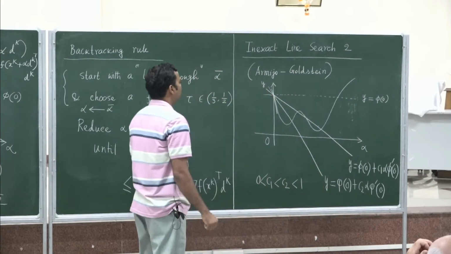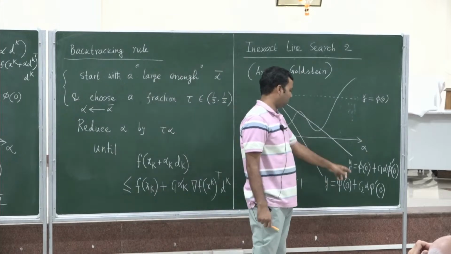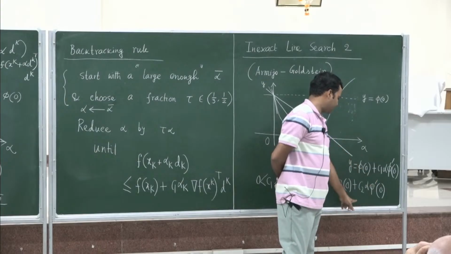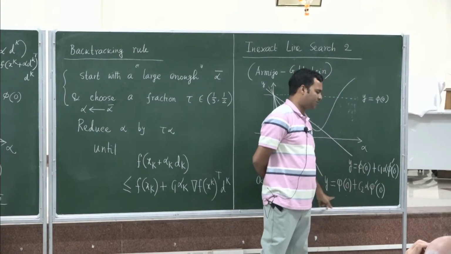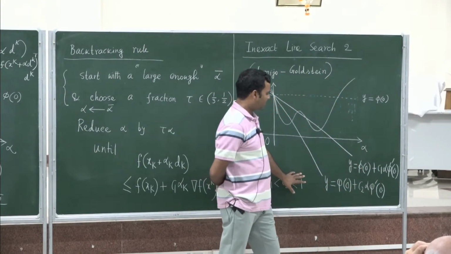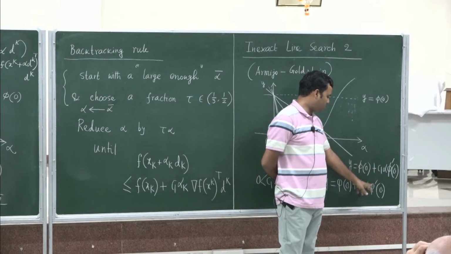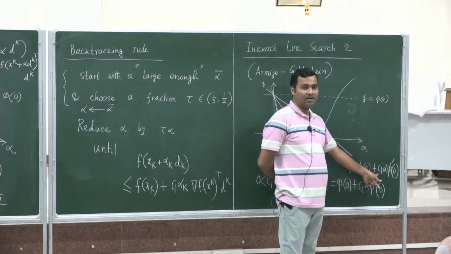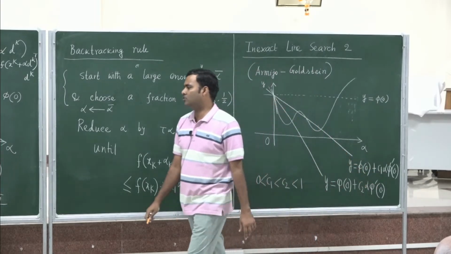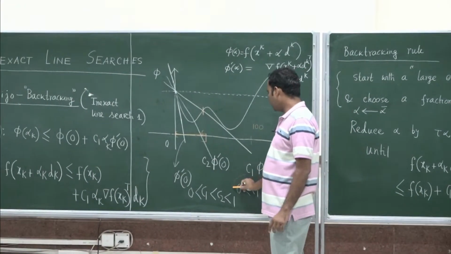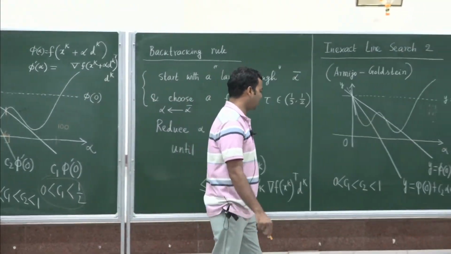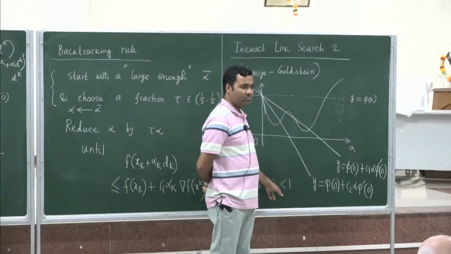Although Goldstein suggested choosing C2, some books later on, instead of choosing these two different constants C1 and C2, suggest not considering two constants. You can take C2 to be 1 minus C1 and take C1 lesser than half.